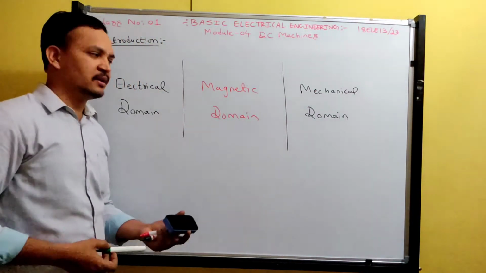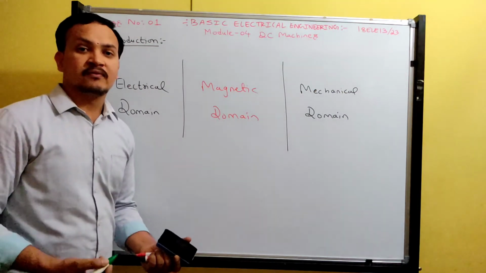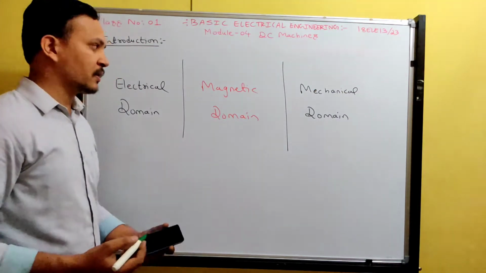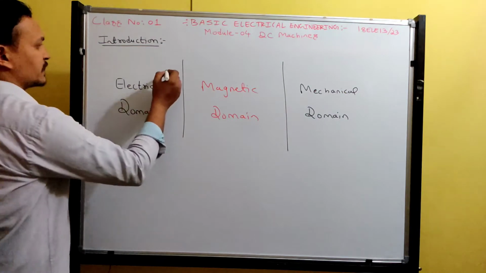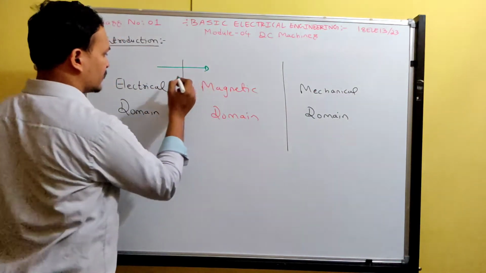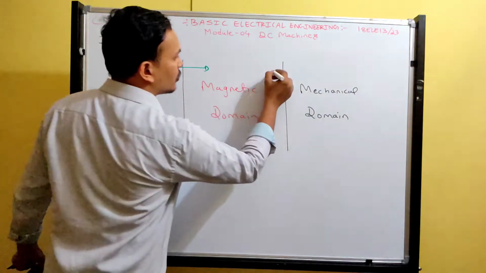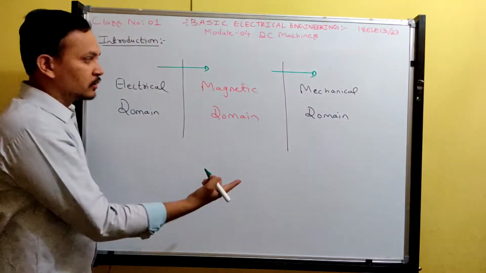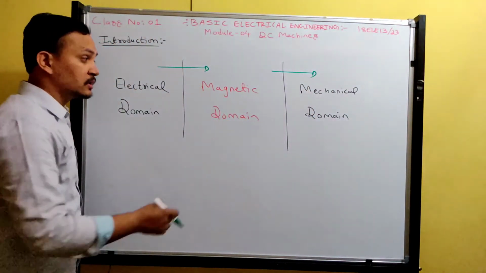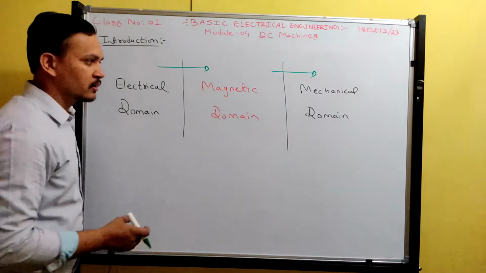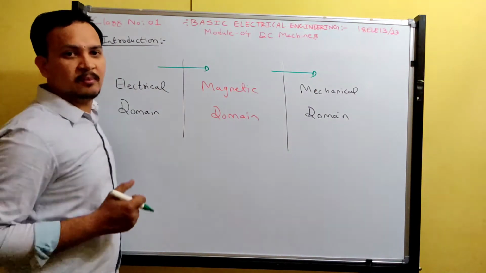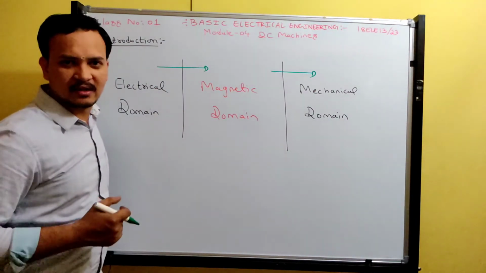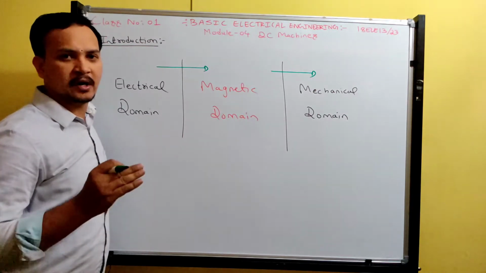Now you can define the standard definitions of generator and motor. Look here. If the energy conversion takes place from electrical domain to mechanical domain through magnetic domain, so this is the medium of energy conversion. What is the medium? Magnet is the medium for energy conversion. Remember that. Very, very important.